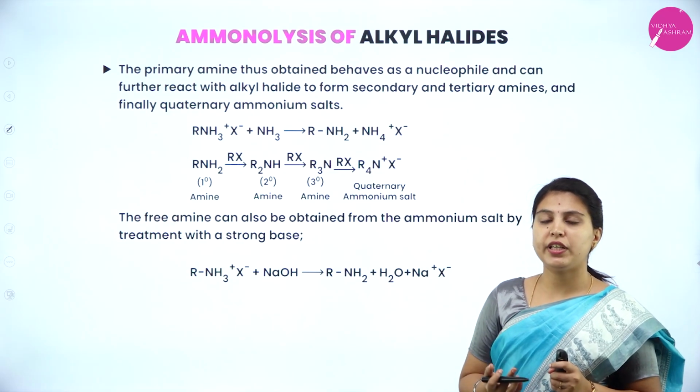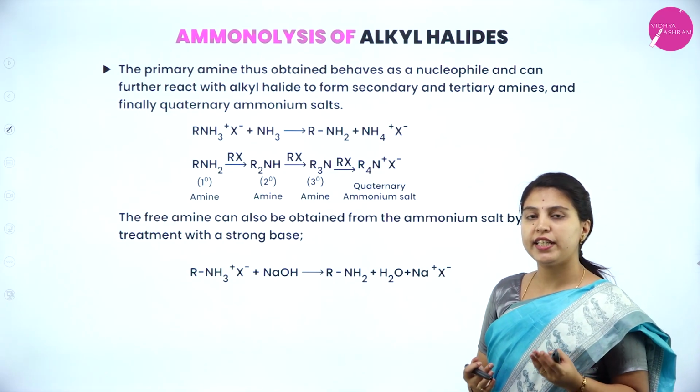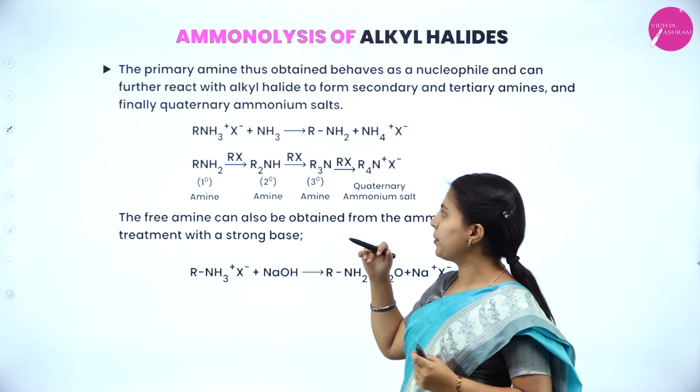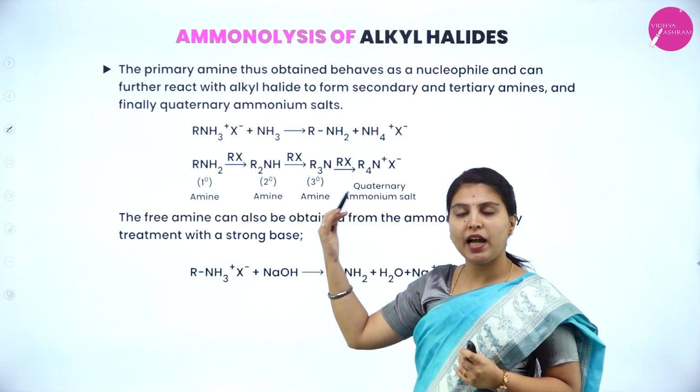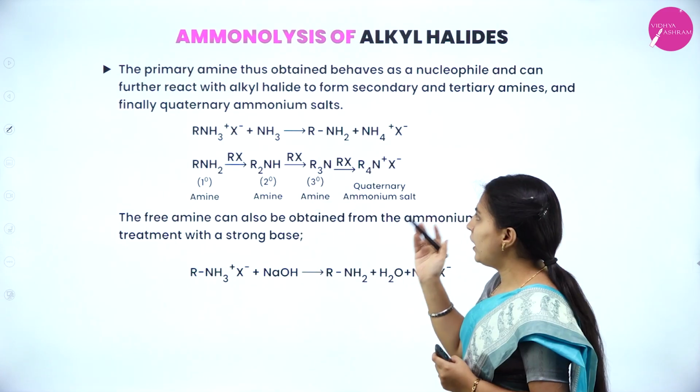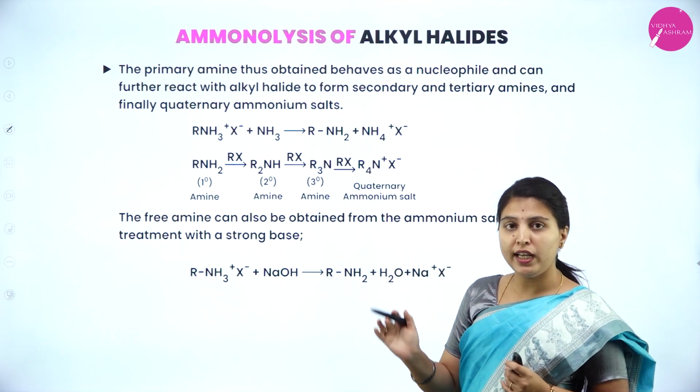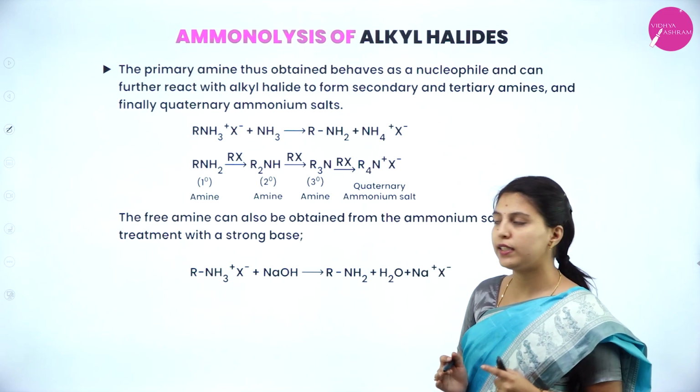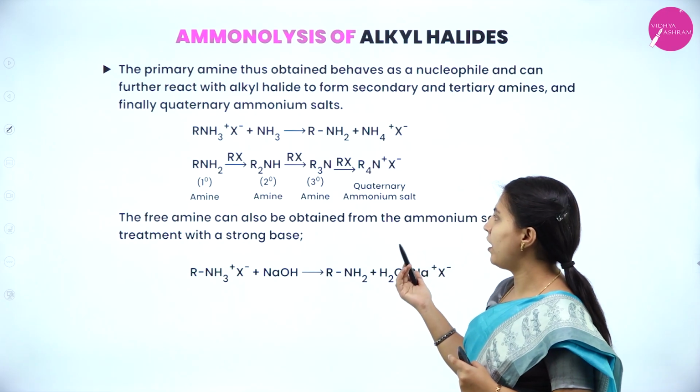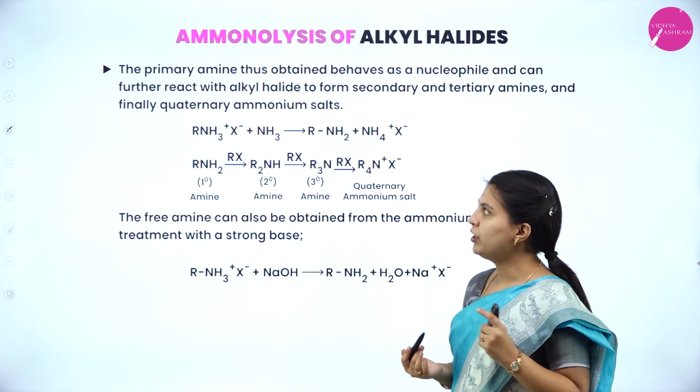We know in the classification, primary, secondary, tertiary and quaternary amines are also present. Here the primary amine formed by ammonia is used as a nucleophile for the formation of further secondary amines, tertiary amines and quaternary ammonium salt.